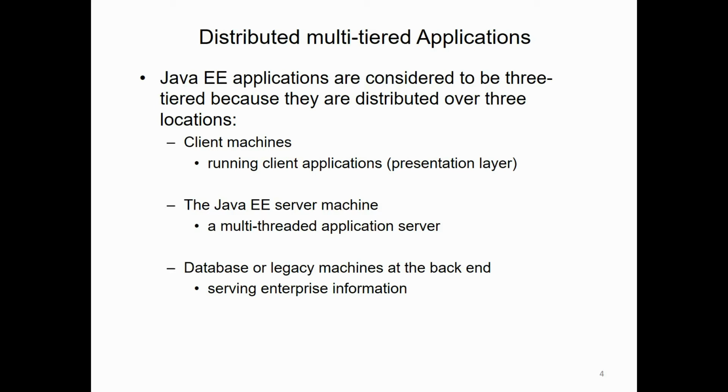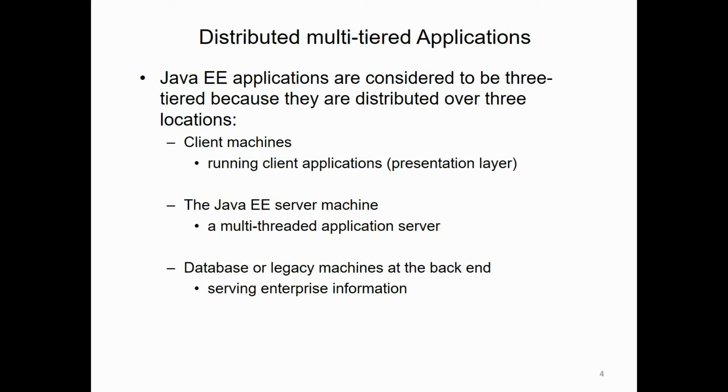We're going to have client machines that are running applications, presenting information. Those applications might be bespoke applications written maybe in Java, for example, with a desktop application. They might be web applications where the web browser is executing on the client machine.